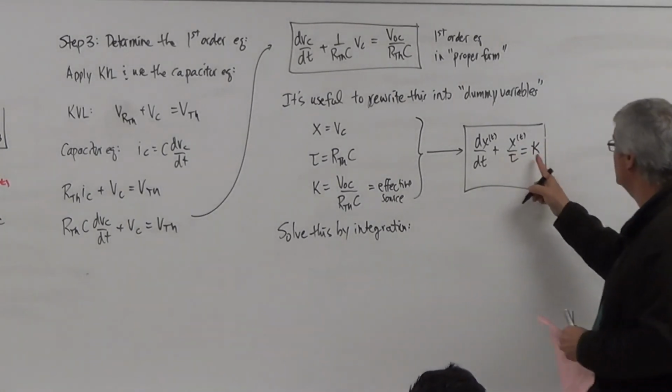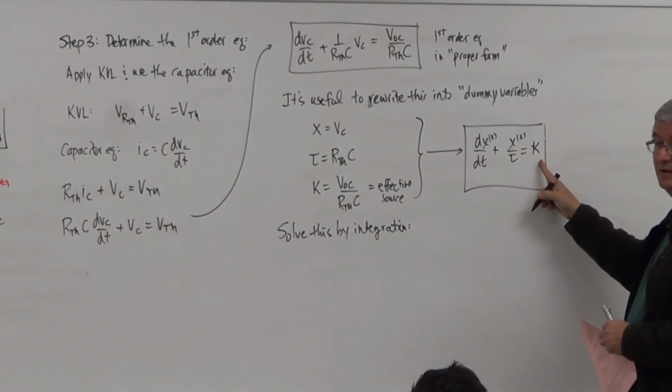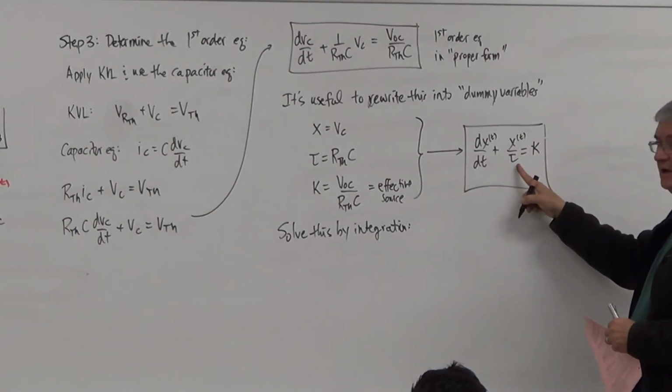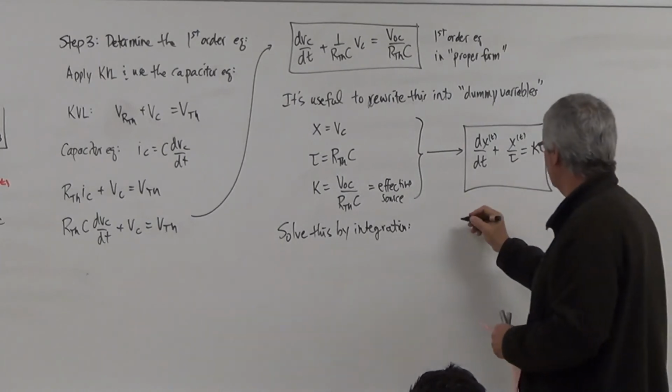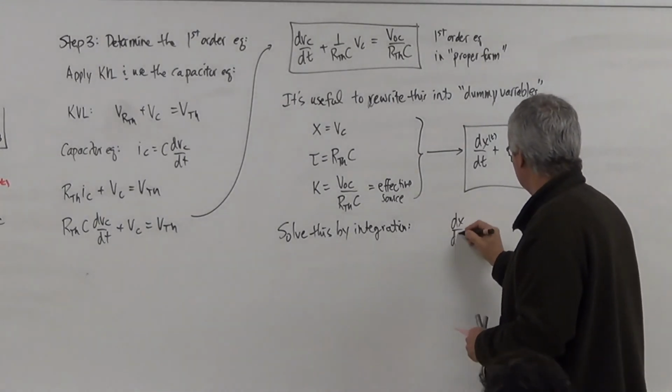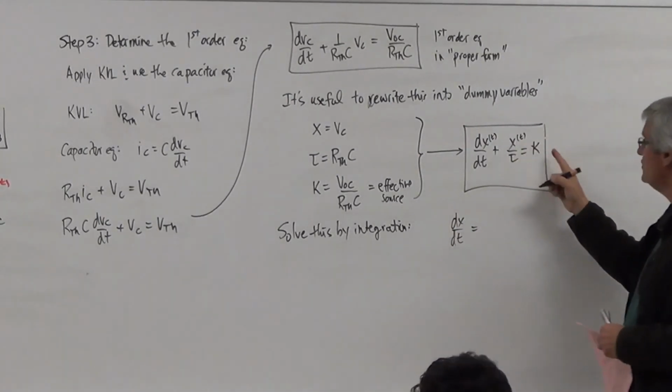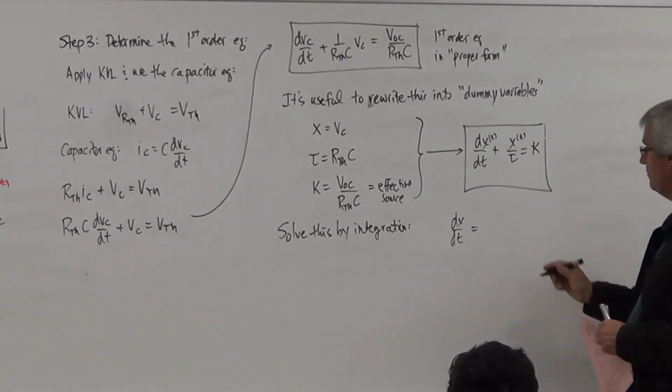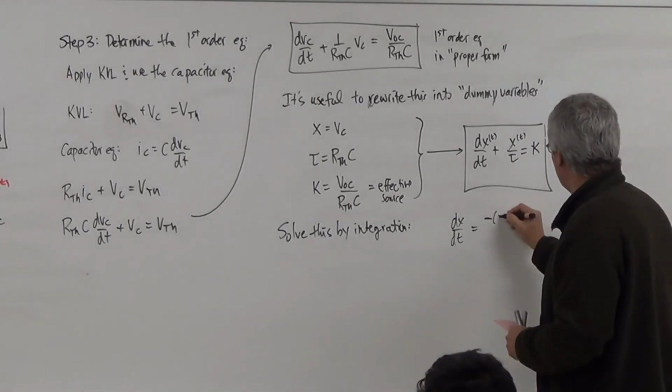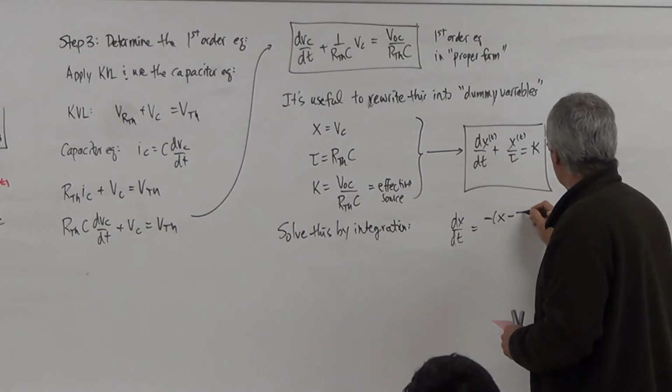If I pull this over to the other side, I'm going to get a common factor for tau. So I'm going to get dx/dt. And then if I move this to the other side, I'm going to pull out a minus sign so that I get x minus tau k divided by tau.